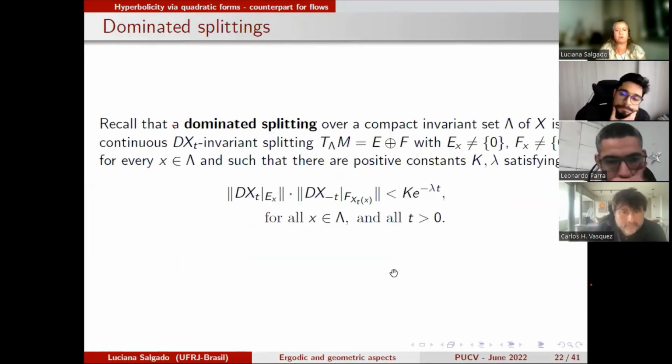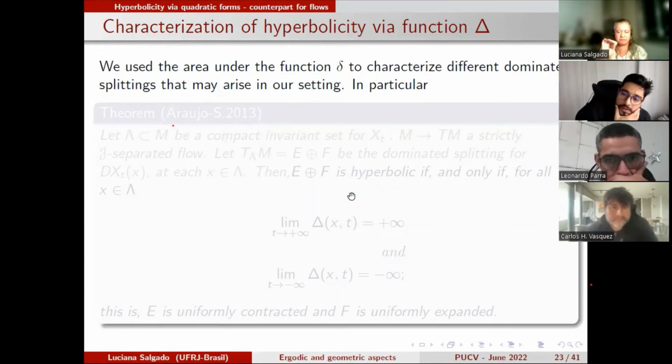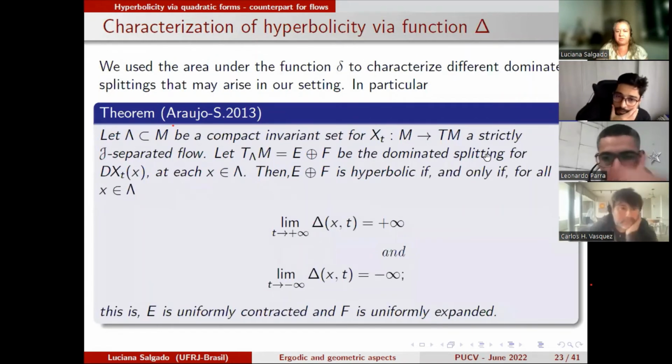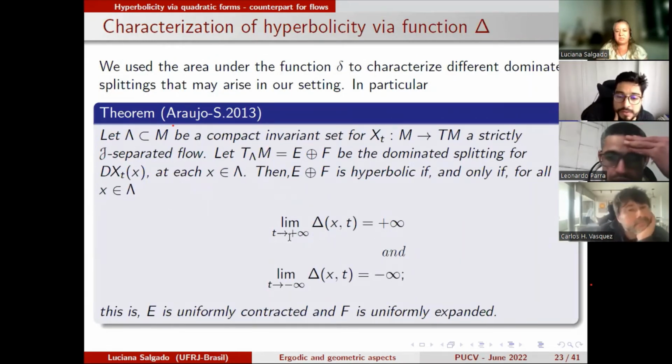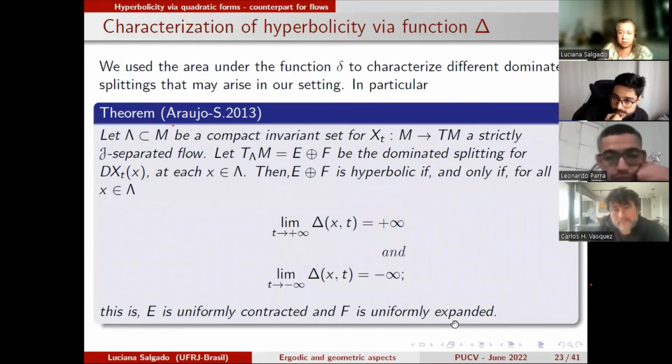Okay, so the dominated splitting is here. Sorry. Okay, my proposition is the following. We can characterize the different dominated splittings by using the function delta. In particular, if we have a dominated splitting E plus F, it is hyperbolic if and only if the limit when t goes to plus infinity is infinite, and the limit when t goes to minus infinity is minus infinite. Then it is the uniform hyperbolicity that I have proved before.